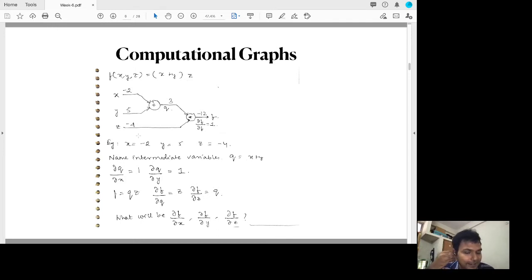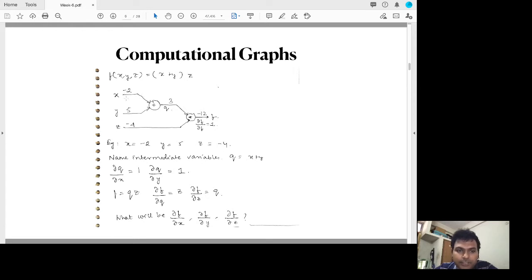Now let's say the inputs are x equal to -2, y equal to 5 and z equal to -4. Suppose somebody has come and given you these inputs. I'll write the inputs at the top of the arrows.